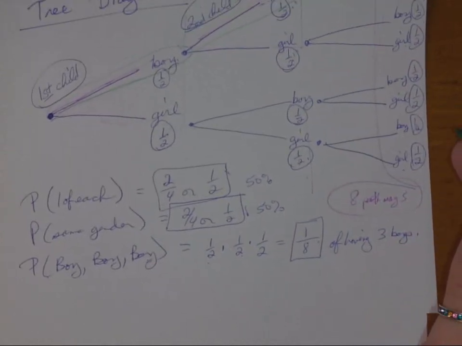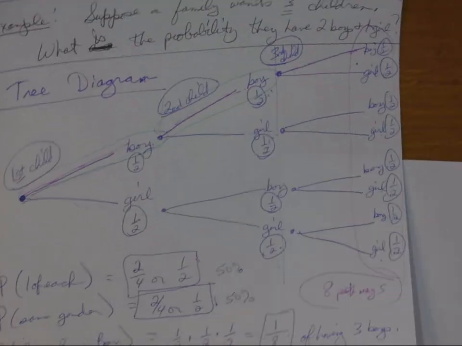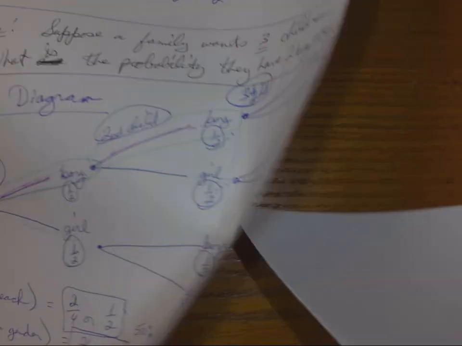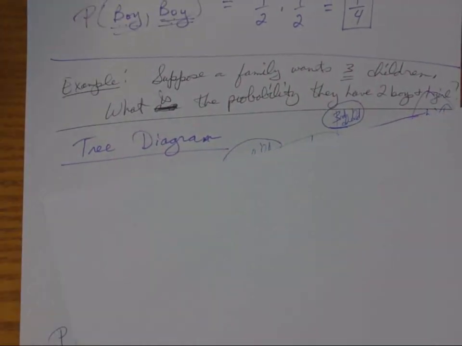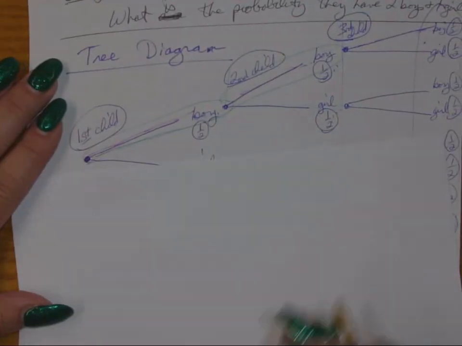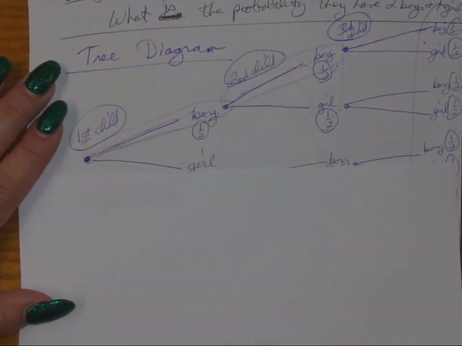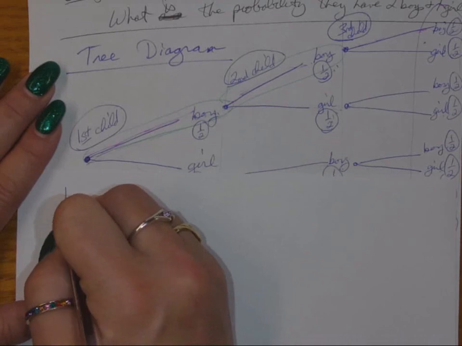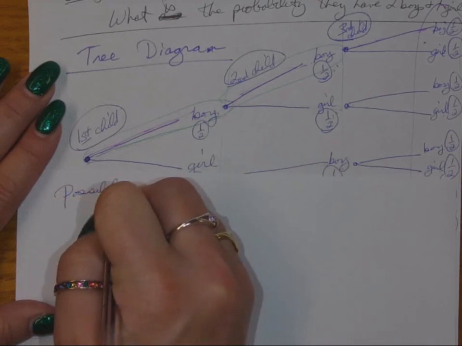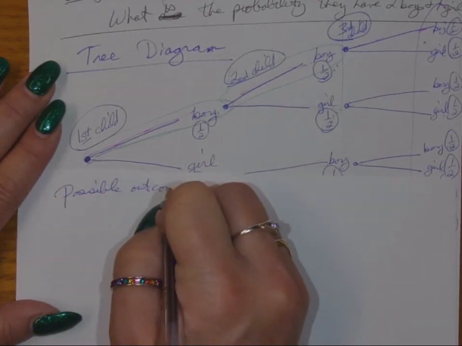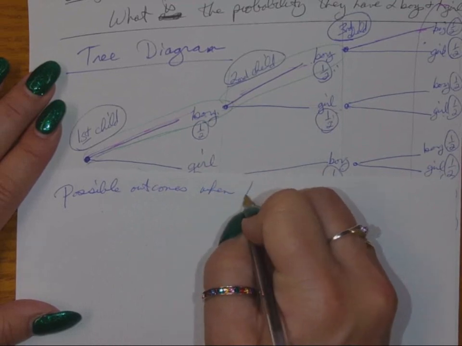So what I'm going to do is make a list of all my outcomes. I'm going to put it on a different sheet of paper here, as according to this tree diagram. So these are my possible outcomes when having 3 children.